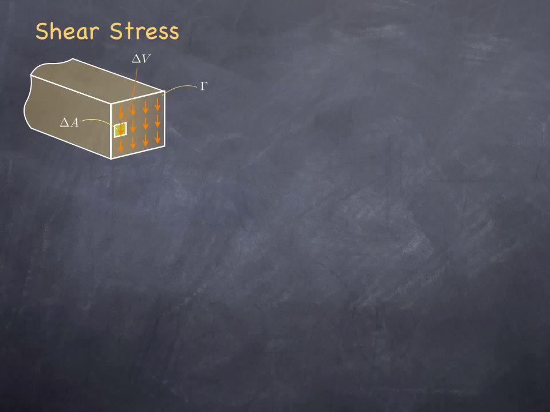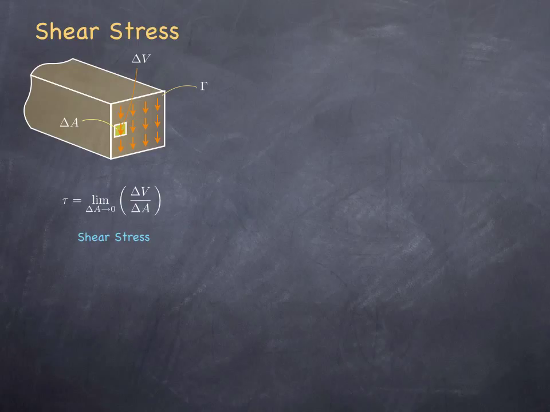Let's say that I have a beam or a shaft or a portion of a shaft, and it is subject to transverse shear forces. If I cut a free body diagram and expose all the tractions on that cross-section, marked here as gamma, and focus on one little segment of that cross-section labeled here as delta A, and look at the tractions that are being transmitted from one end of this cut to the other end that are marked here as delta V, then I know that the shear stress is defined to be the limit of the ratio delta V over delta A as delta A is shrunk to a point.